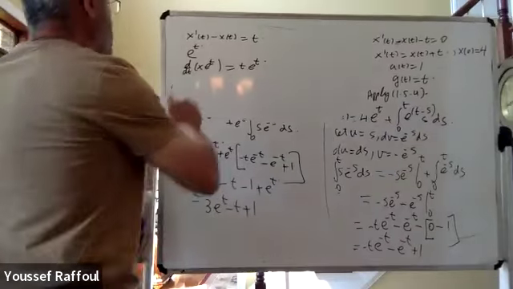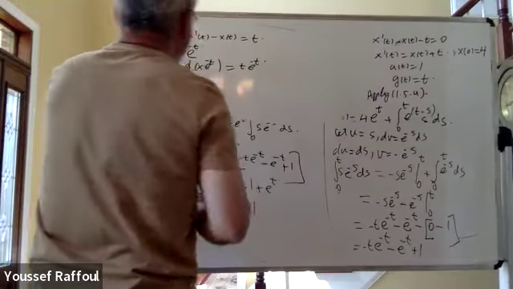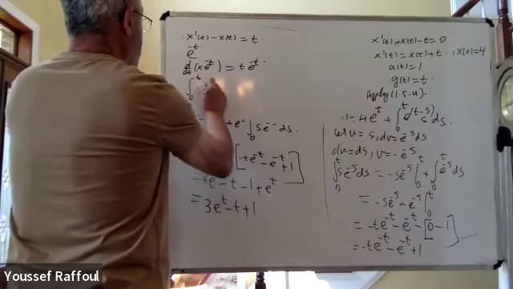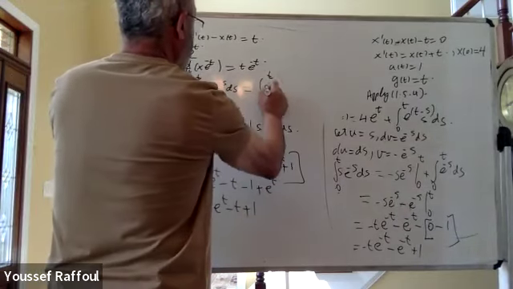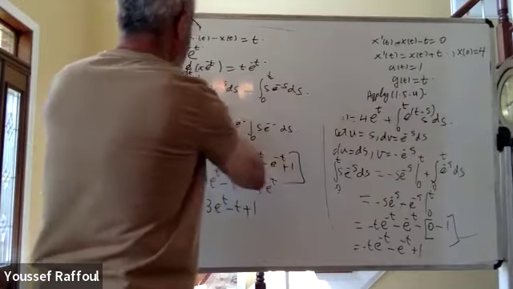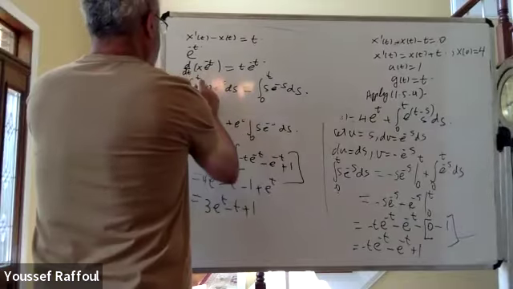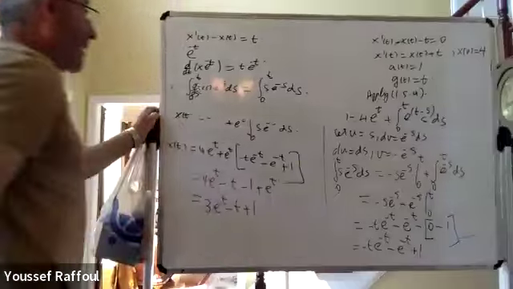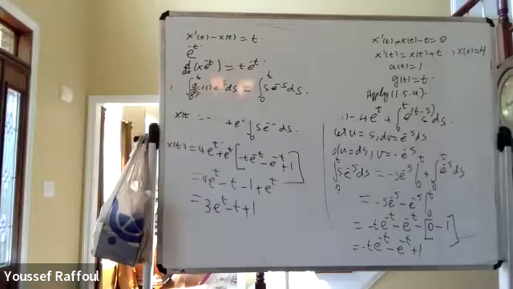Oh no, the integrating factor is e to the minus t. Then integrate, then you will get the integral from 0 to t of x of s e to the minus s ds equals the integral from 0 to t of s e to the minus s ds. And then you will get the same answer. Okay? And then you can apply both, you can apply the formula whatsoever. All right.